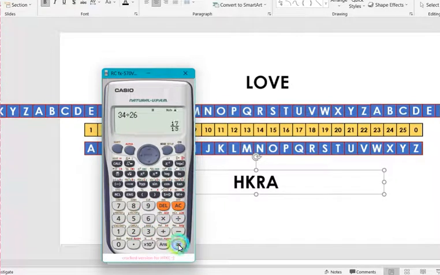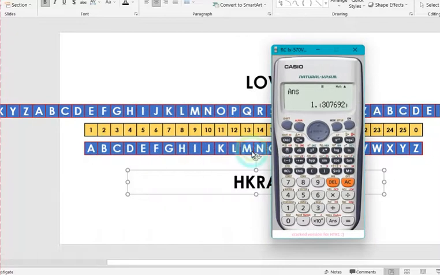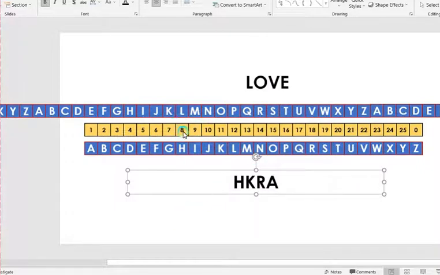It is a bit hard to determine without a calculator, but what we need to base on for modulo again is the remainder. So if you divide 34 by 26, what is the remainder? 27, 28, 29, 30, 31, 32, 33, 34. That is 8. So that means 8 is the answer.